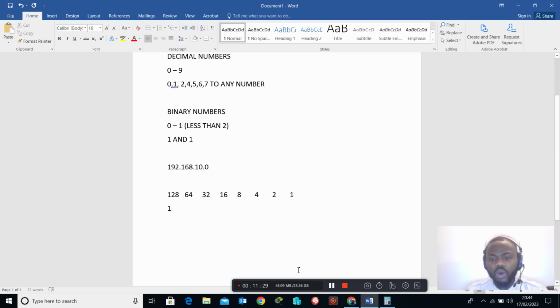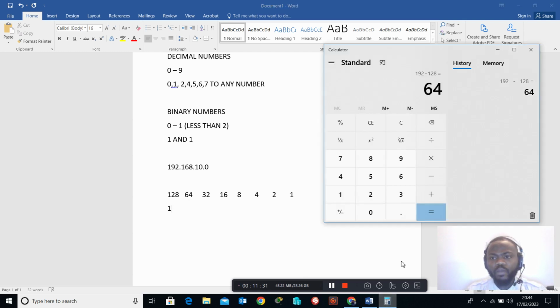Okay, so if I go back to my calculator, after you've taken 128 from 192, I am left with 64. So is 64 greater than 64? No. Is 64 equal to 64? Yes.